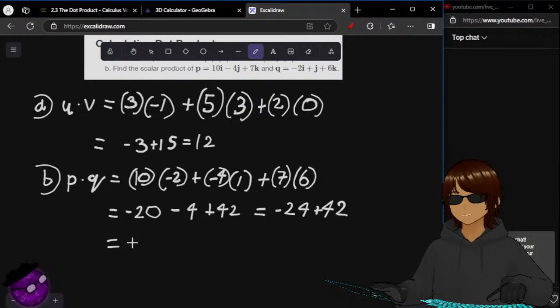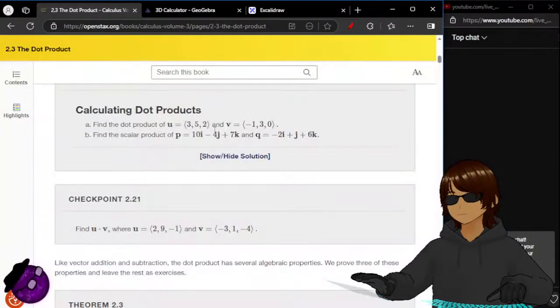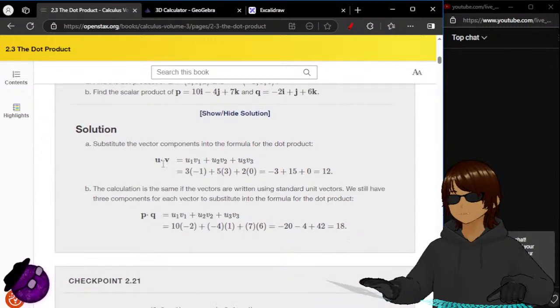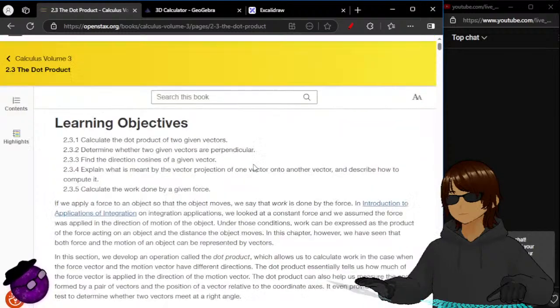Then 42 minus 24 is 18. So the answers are minus 12 and 18. Okay.